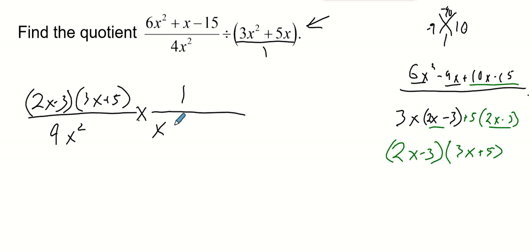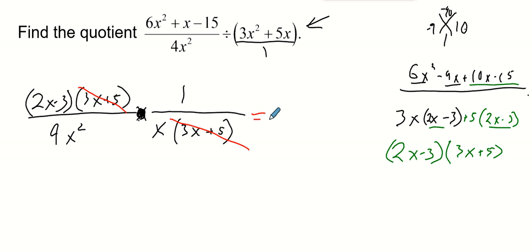So x times 3x plus 5. Maybe I should use a dot here not to confuse my x's and multiplication signs. And I'm going to look for common terms. 3x plus 5, 3x plus 5. Okay, and that's it. So I just need to multiply across.